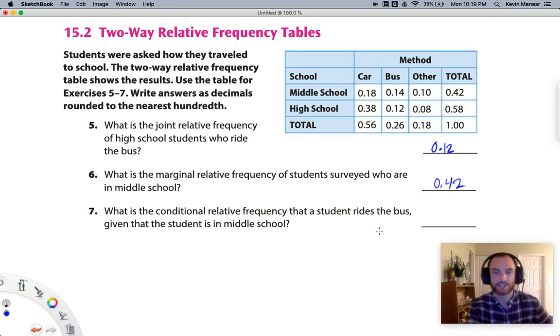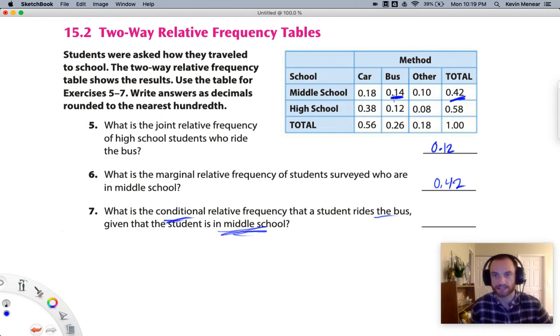What is the conditional relative frequency that a student rides the bus given that the student is in middle school? So bam, conditional relative frequency. That means we're not going to be dividing over the grand total. We're going to be dividing over the students in middle school. So we're interested in those that ride the bus that are in middle school. So here's middle school. 14% of the total are middle schoolers that ride the bus, but there are 42% middle schoolers in total.